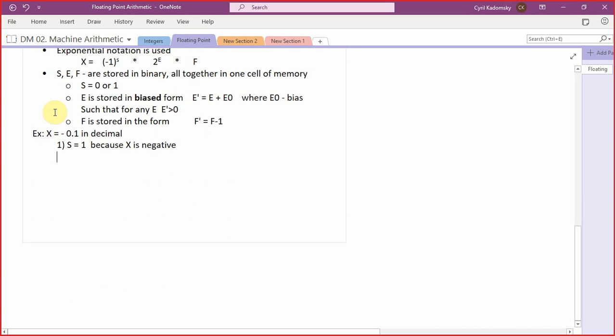So the first step, we define the sign. It is easy. Next, express our number x in exponent notation, and not just any exponent notation, in normalized exponent notation.